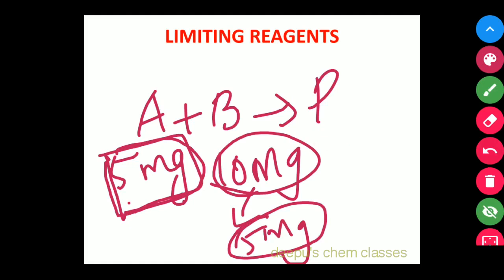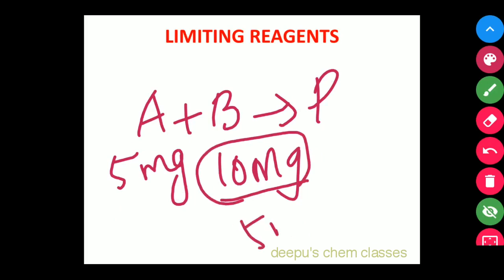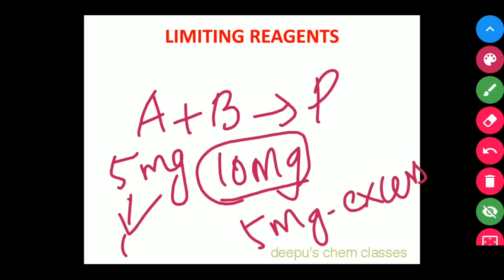So what happens now? The remaining 5 milligram of B will be unreacted substance. So what do you mean from this? It's clear that A is completely consumed during the reaction, but B remains. 5 milligram of B remains in excess. A is completely consumed.